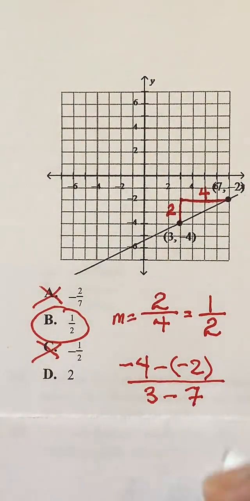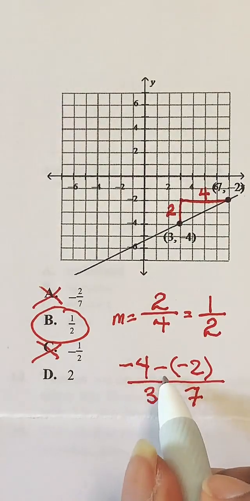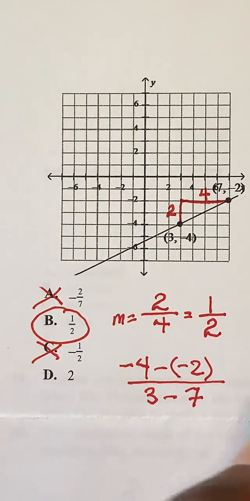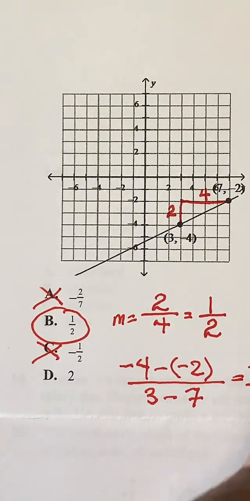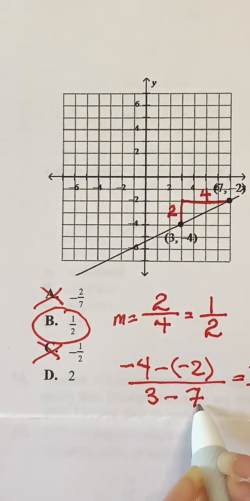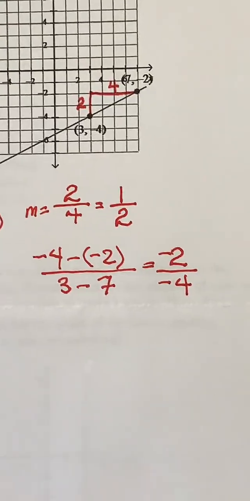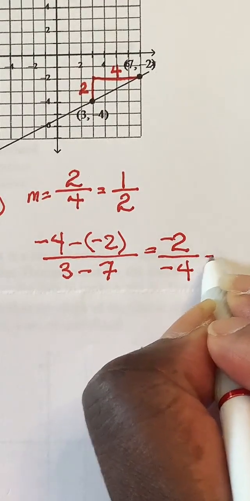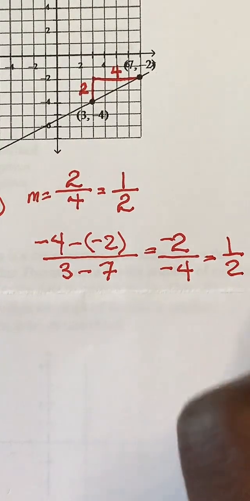All right. So then we have -4 minus a -2. When you minus a negative, it turns positive. So that will give us a -2. And then 3 minus 7 will also give us a -4. The negative divided by negative will give me positive, and 2/4 can simplify to 1/2.